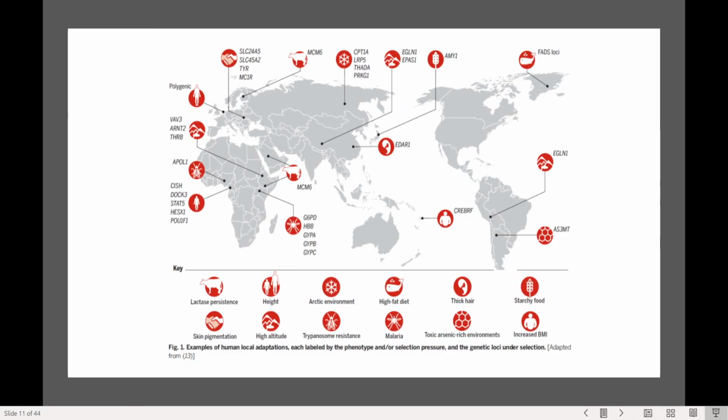If we come back to another slide that you have seen already, as humans moved into different areas around the globe, our body actually adapted to the local conditions.